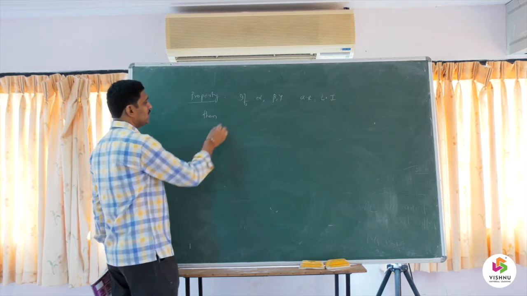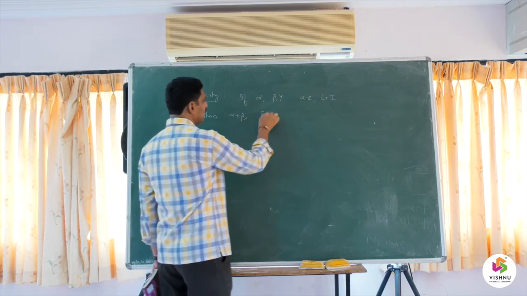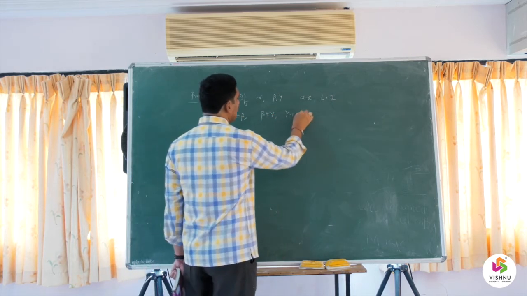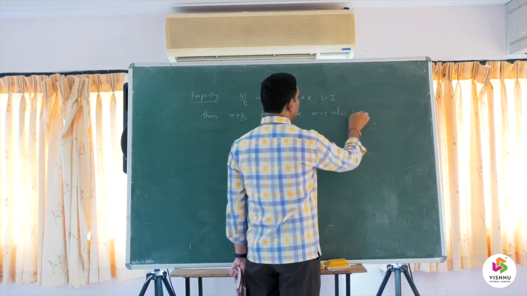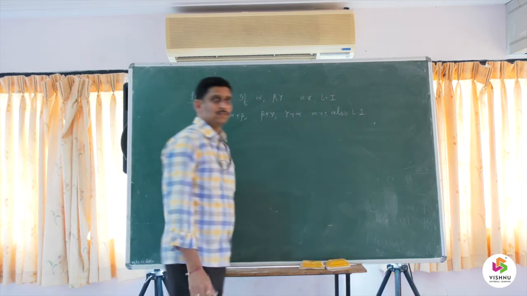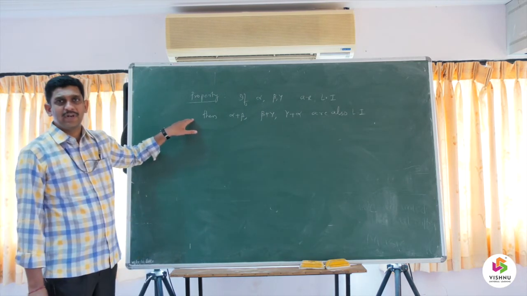So what I am going to say, then alpha plus beta, beta plus gamma and gamma plus alpha are also linearly independent. So this is one property for the linearly independent vectors.